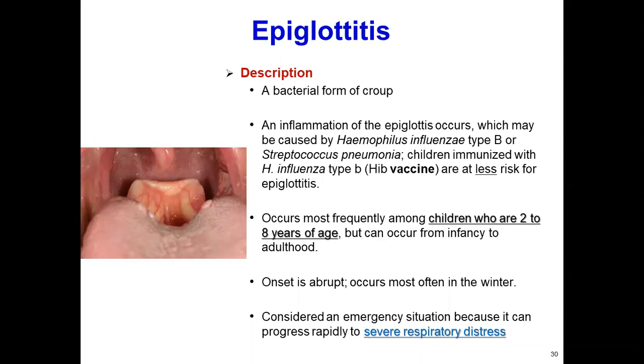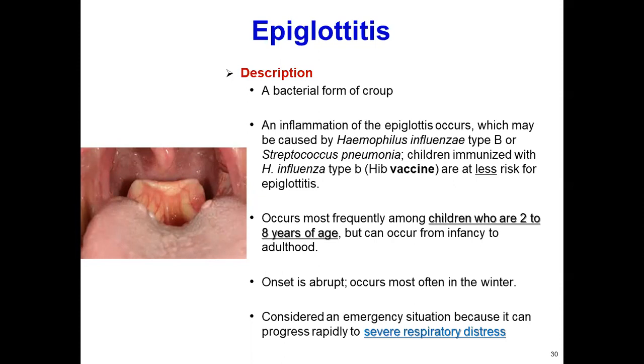If the NCLEX board asks, what is the usual age of children who get epiglottitis? The answer is 2 to 8 years. Some books say 2 to 7 years. Some books say 2 to 5 years old. All are correct.